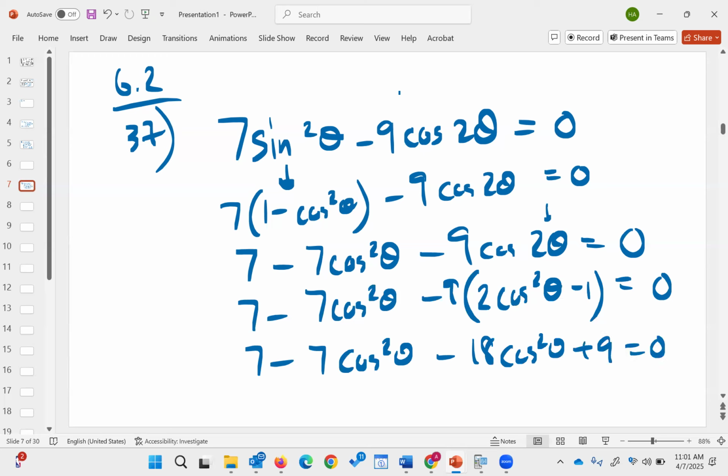Okay, let's put this all in order and combine like terms. Oh man, this is a difficult one, guys. So negative 7 cosine squared and negative 18 cosine squared make negative 25 cosine squared. Are we good there? And I got 7 here and 9 here, so that makes 16. Everybody okay so far? Yes.